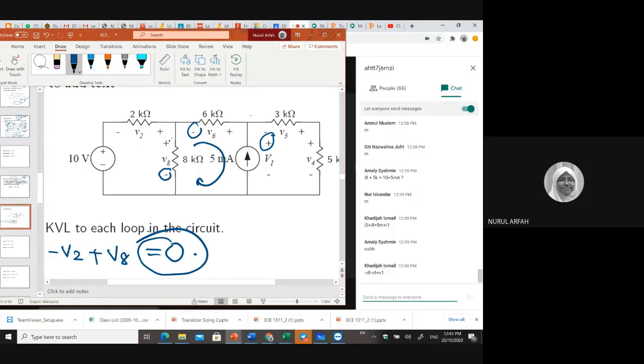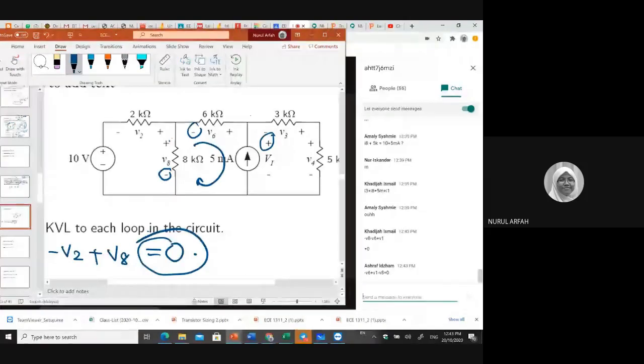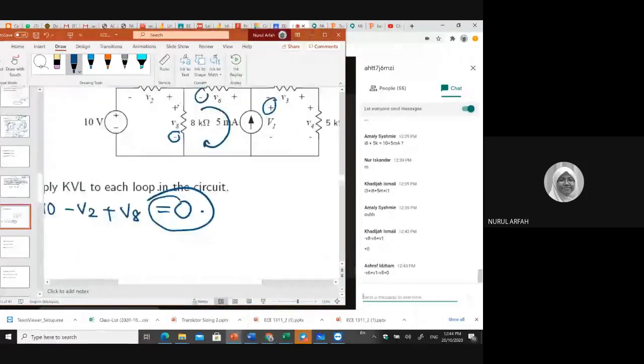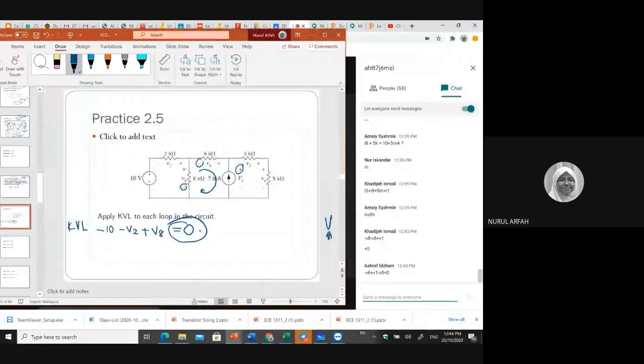Okay, that's why I suggest you guys to write down your answers. Then we can find any correct or wrong things that you did, right? So we will learn from the correction. So from the mistake. So this one, do not forget equal to 0. Yes. The answer is negative V8 minus V6 plus VI equal to 0.